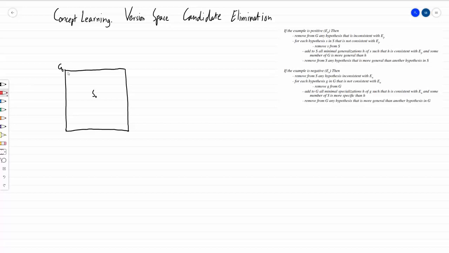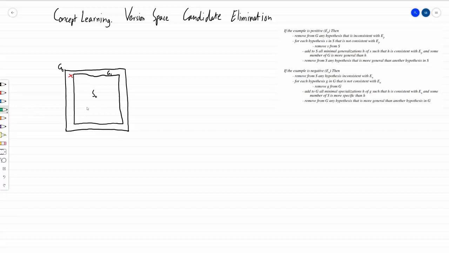And then say you introduce an example which is not allowed. This is binary classification, we have yes and no, and this is a no. Well then our general one is going to have to shrink from what it was before, and that'll be our next version of the hypothesis for our general one.